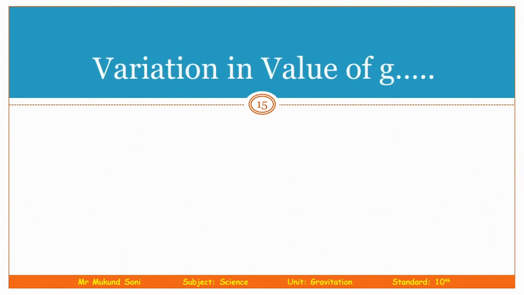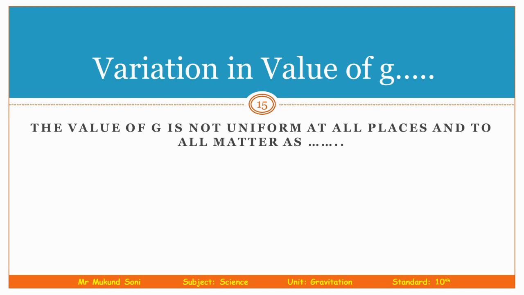The variation in the value of g. There are several reasons due to which the value of g can vary. As of now, from the formula, you will find that it depends upon the mass of the planet. It also depends upon the radius of the planet, and this value is still not uniform.